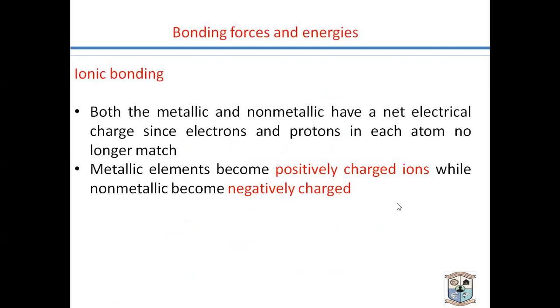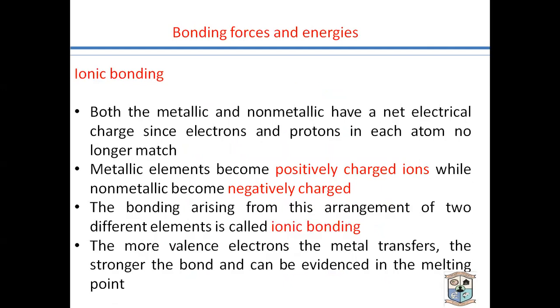Both metallic and non-metallic elements have a net electrical charge, since electrons and protons in each atom no longer match. Metallic elements become positively charged ions, while non-metallic become negatively charged. The bonding arising from this arrangement of two different elements is known as ionic bonding.